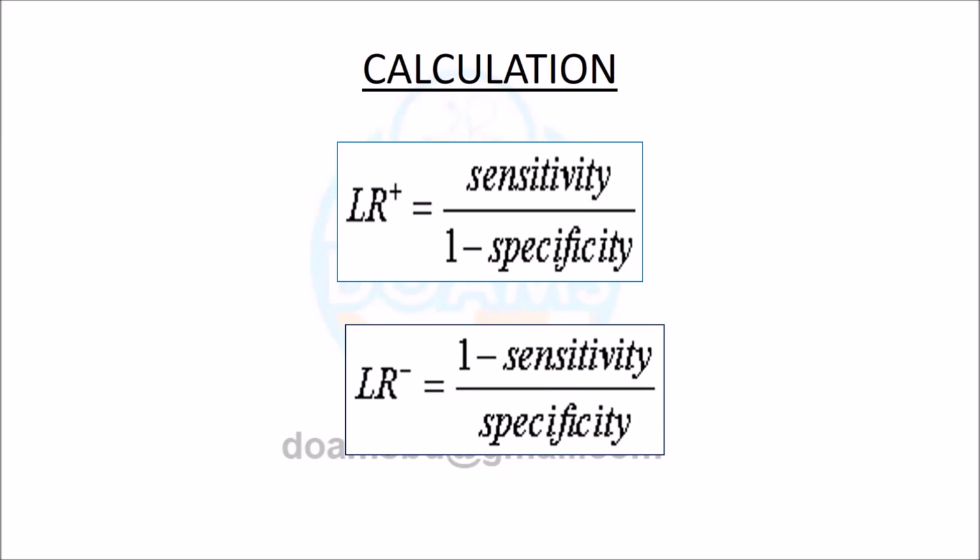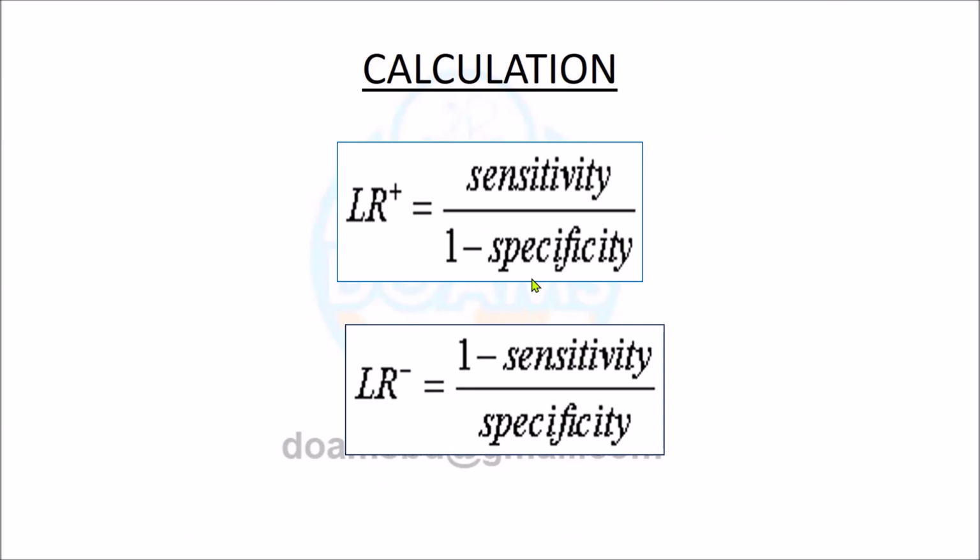Try to understand this as a story. You disturb the specificity in LR positive because plus is always utilized for the word sensitivity, and minus is utilized for the word specificity. So the plus does not disturb sensitivity, and the minus does not disturb specificity. Disturbing means 1 minus.